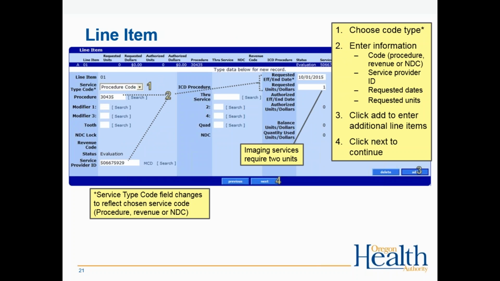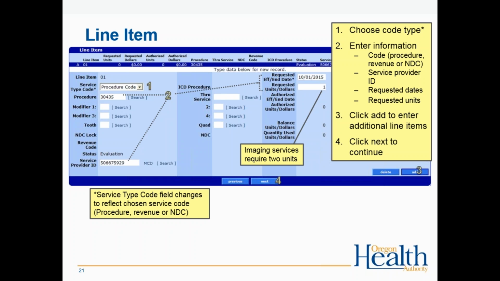Your first step would be to choose a code type. So that's the drop-down menu. It includes procedure code, revenue code. I believe it includes NDC. And then based upon your decision, whichever code type that you choose there, then your fields change a little bit. So if you click on the next field or in the blue, again, the screen will update.